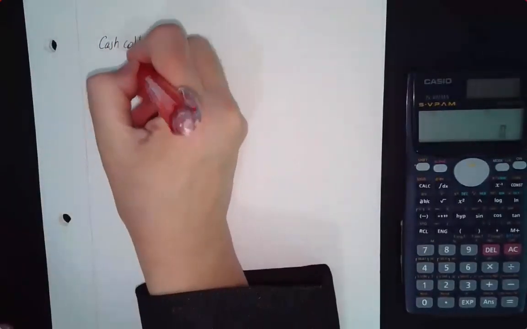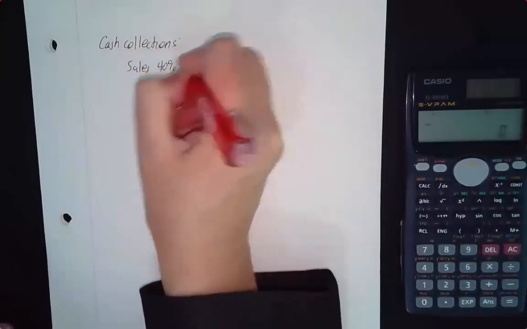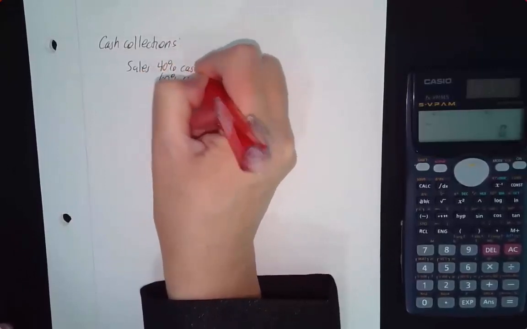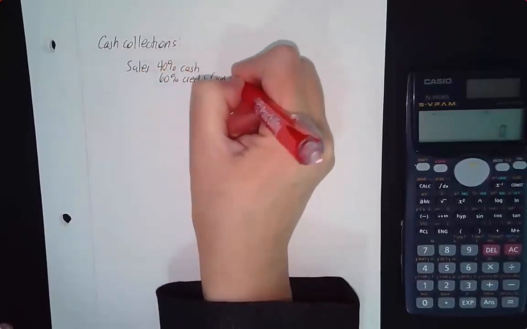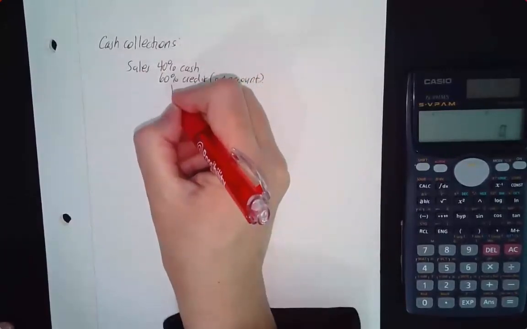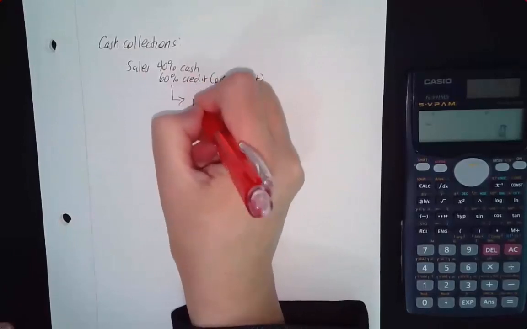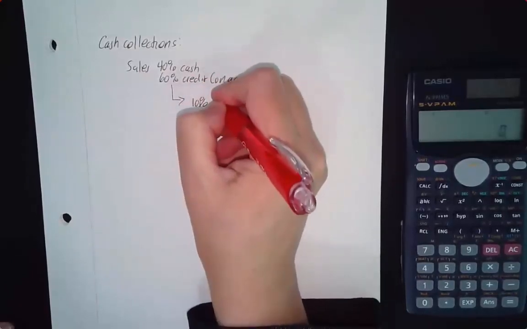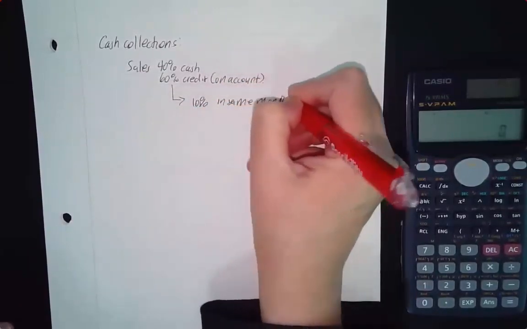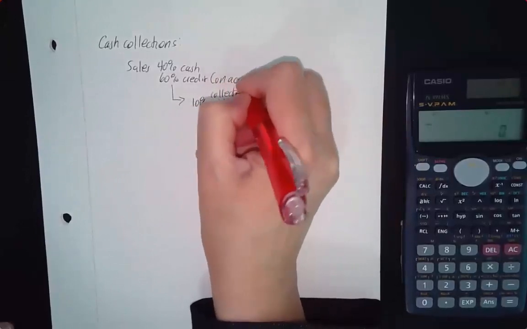So sales are 40% cash and 60% credit, also called on account. Okay, of those credit sales, 10% are collected in the same month.